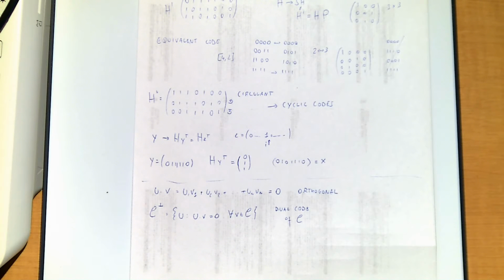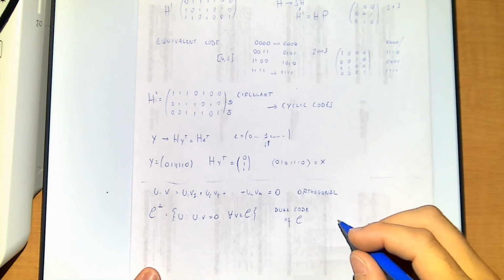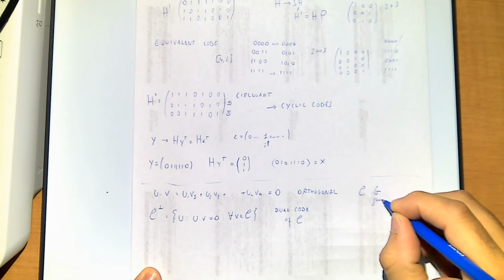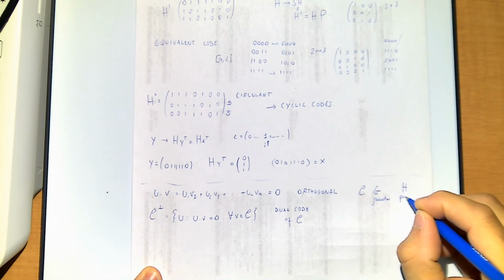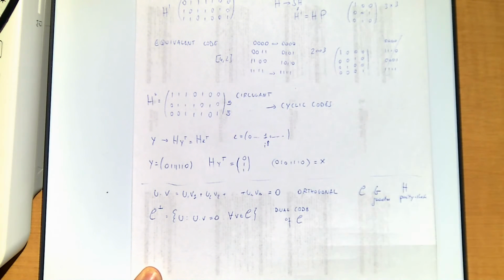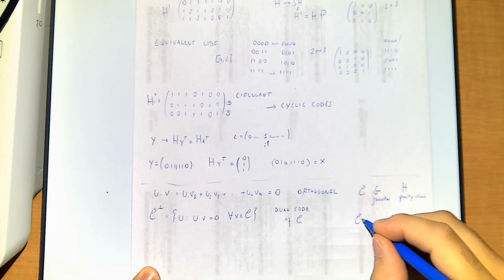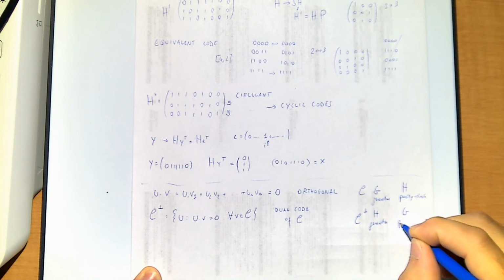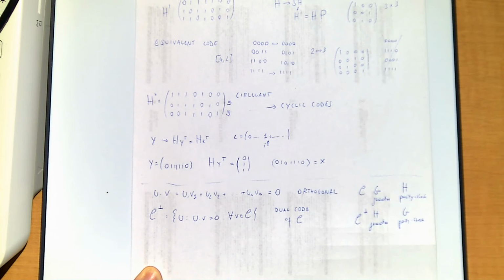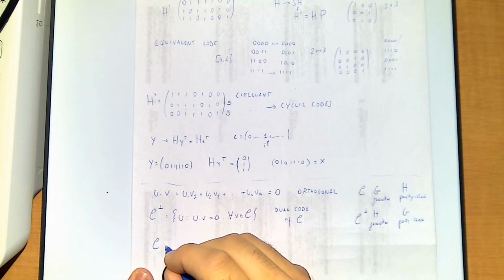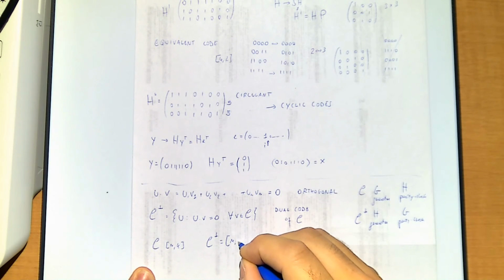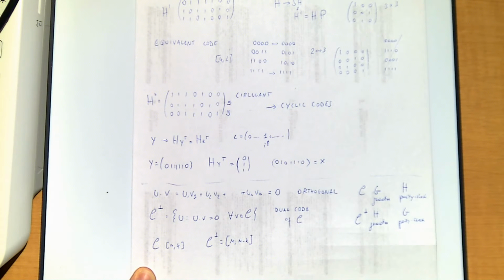So then, if the original code C had the generator matrix G, and H was the parity check, then what happens is that C dual has generator H and parity check G. And then the code is nicely defined in the sense that if C was an (n,k) code, then C dual is (n, n minus k).